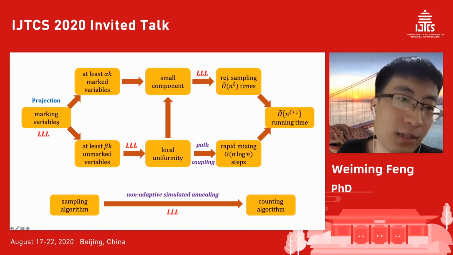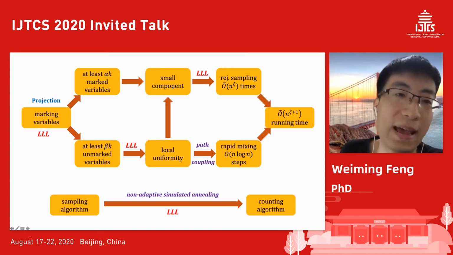On the other hand, each clause contains at least alpha k marked variables, and with the local uniformity property, we can prove that for each transition of the global dynamics, the connected components are small. So we can use rejection sampling on each connected component.